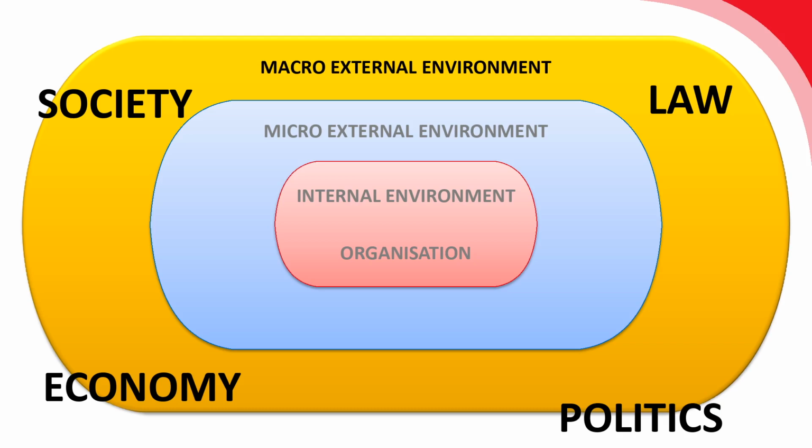So organizations have to keep track of social, economic, political and legal trends, as well as factors which may impact particular products or services, as well as other regulatory requirements, but they're not similar to the micro environment. We're not talking about customers or suppliers here. We are talking about broader and more general influences. So this forms part of the macro external environment.